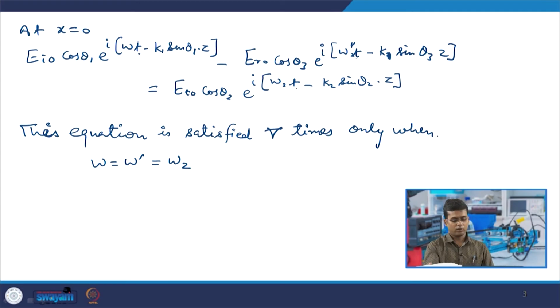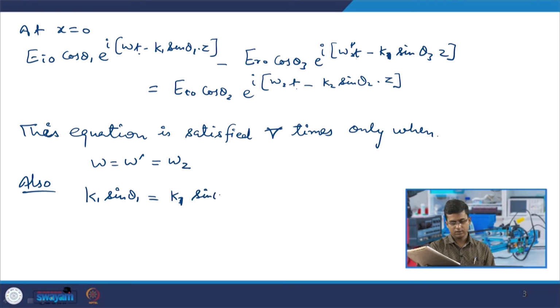Now, let us omit all these things. What you get here? Also, we see that k1 sinθ1 = k1 sinθ3 = k2 sinθ2. Why? To satisfy this boundary condition, all this should be equal.